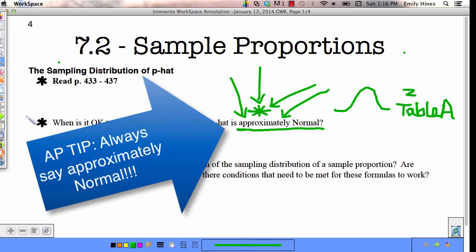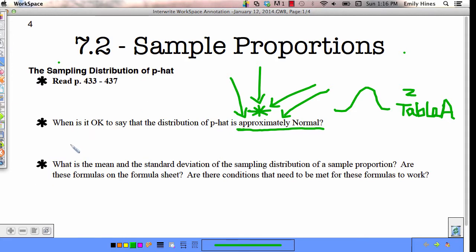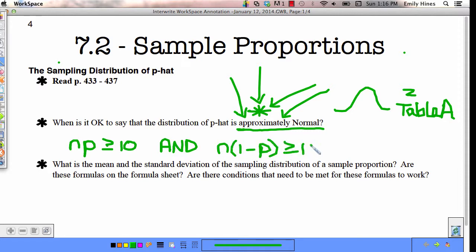We can say that it's approximately normal as long as n times p is greater than or equal to 10 and n times 1 minus p is greater than or equal to 10. As long as both of these are true, we can say that it's approximately normal.